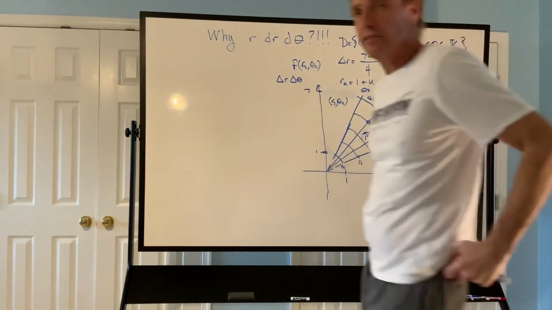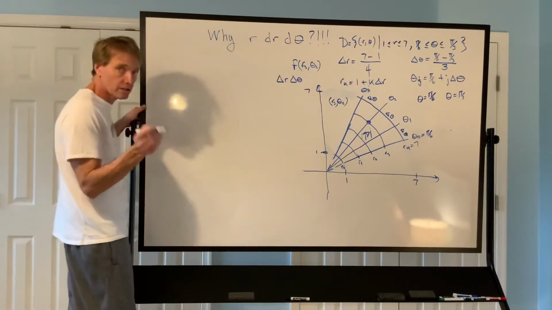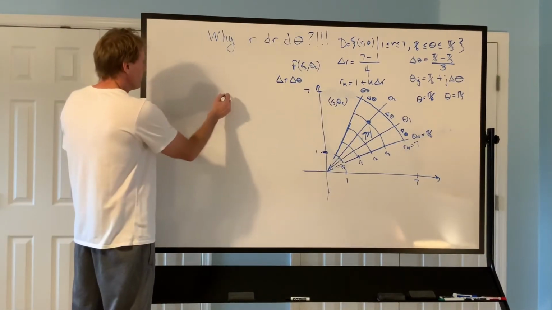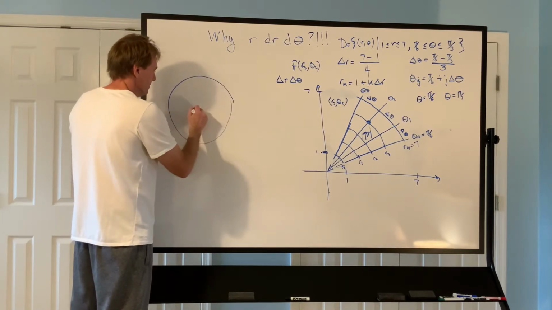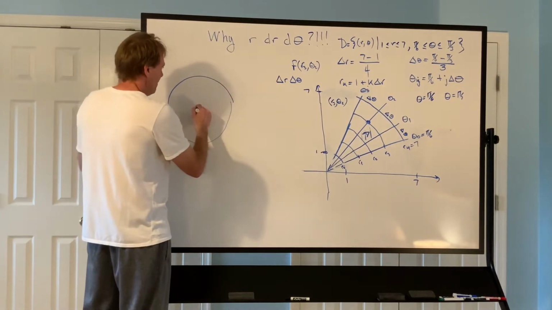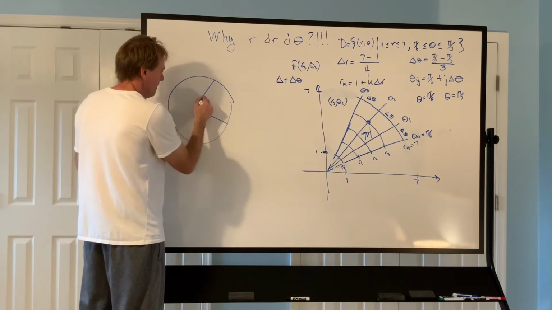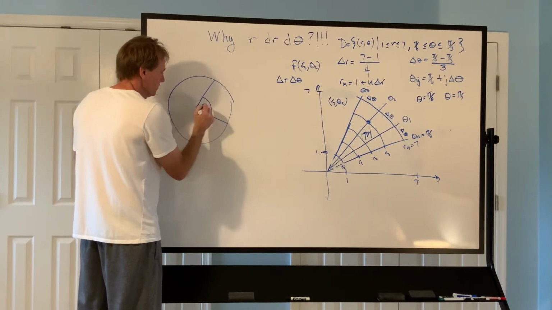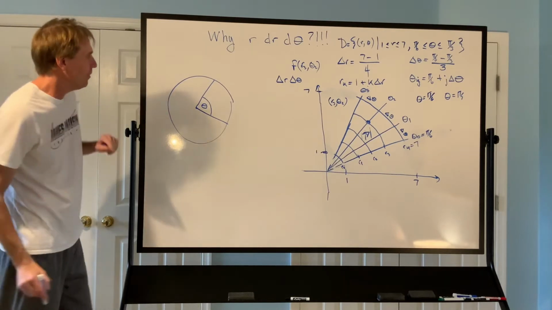All right, let's go back to geometry. Like Dr. Warren, I never really liked that class. Let's go back to geometry and imagine that we've got a circle. Remember, with a circle, we've got a center and a radius. Let's imagine that we've got some angle theta between two radii, and we know the angle theta.